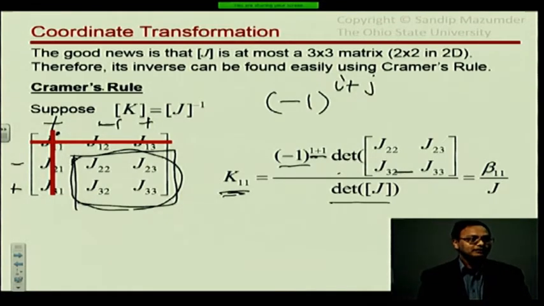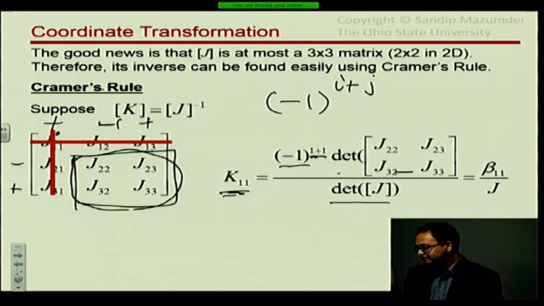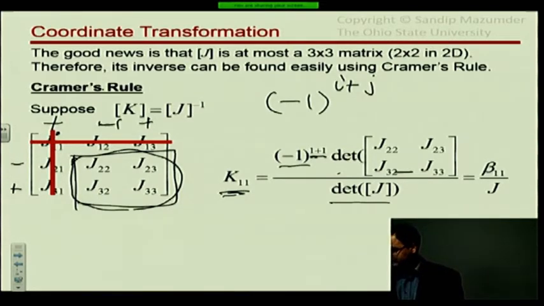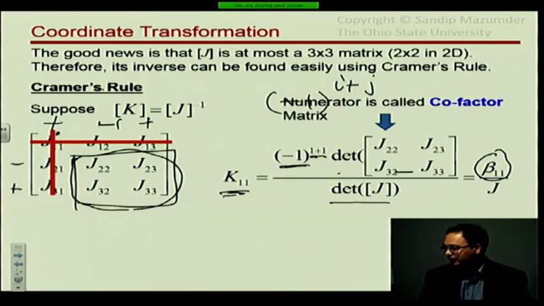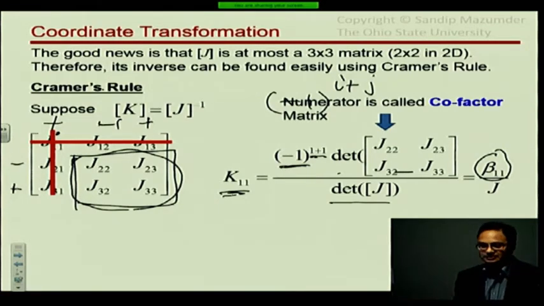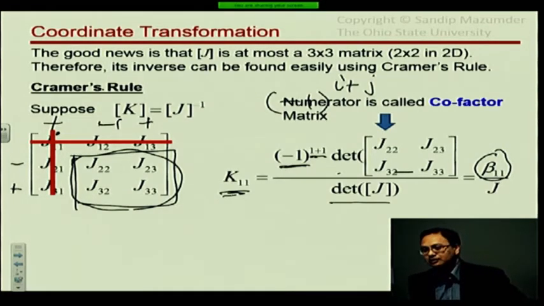Now this numerator here, including the sign, is known as beta. I've written it as beta 11. That beta is often known as the cofactor matrix. So Cramer's rule says that the inverse is just the cofactor divided by the determinant.